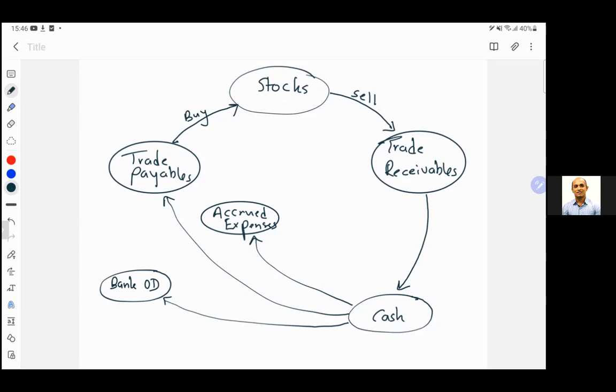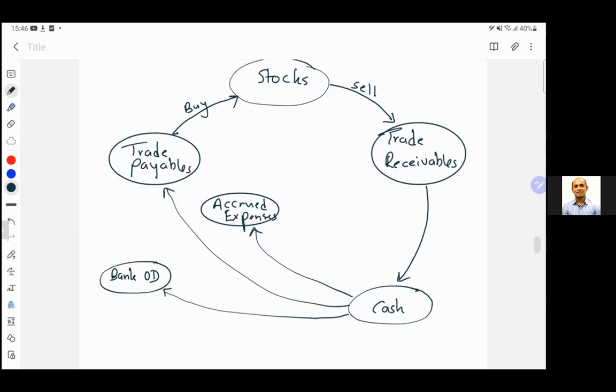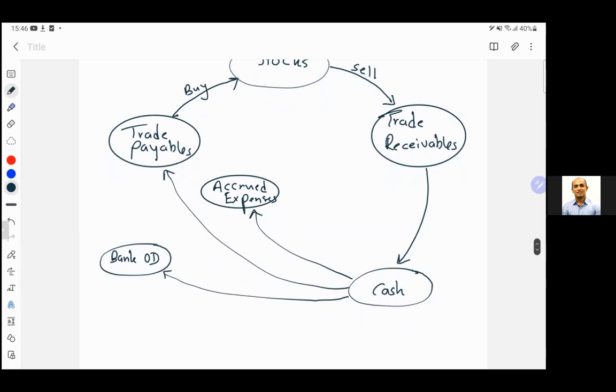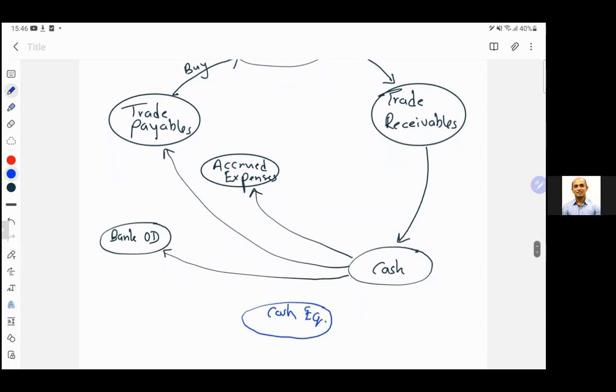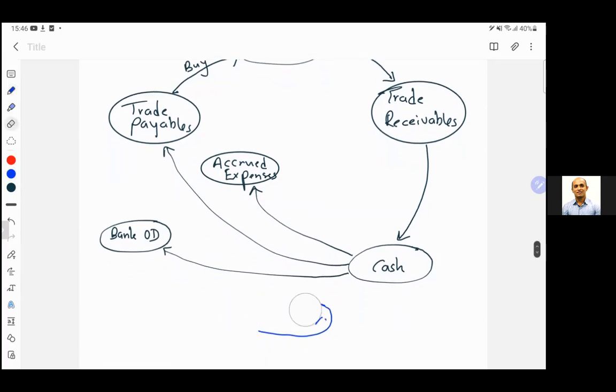You invest in short-term securities like treasury bills. So we call it cash equivalent. For example, 3-month treasury bills are cash equivalent.